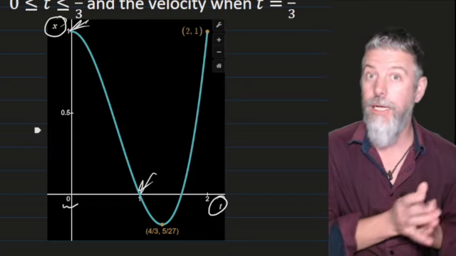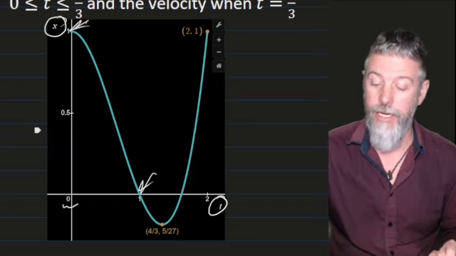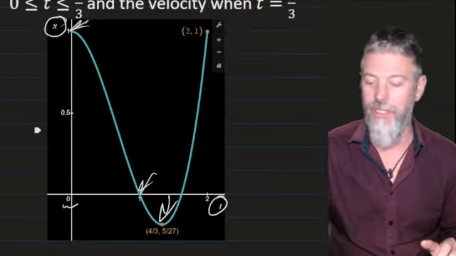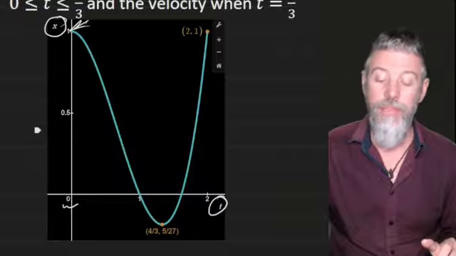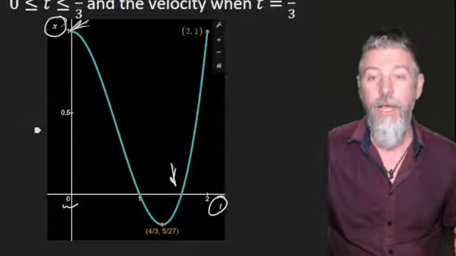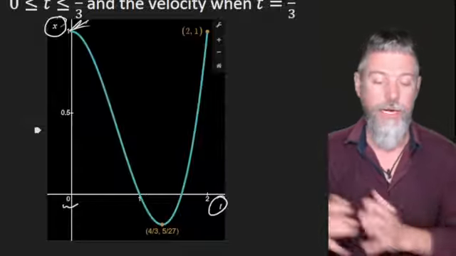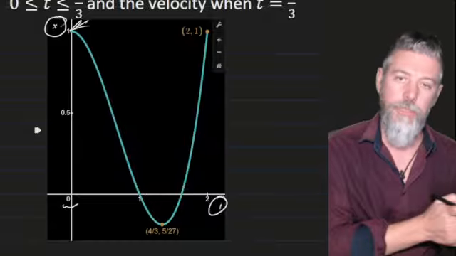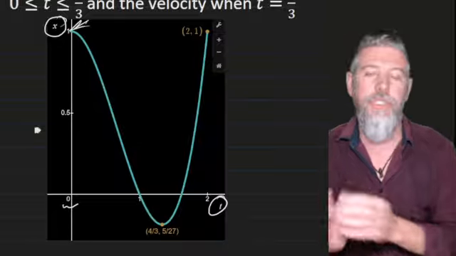It then goes past the origin to the left-hand side, and we have this point down here, which I'll read out because the numbers are a little bit small on the screen. And then it moves back to the origin. Here it hits the origin again, and then it moves off to the right-hand side. So we've got some movement across past the origin, then back off to the other side.